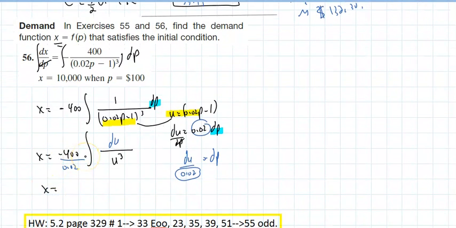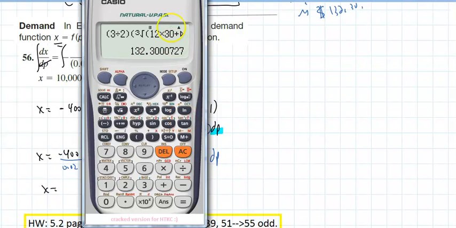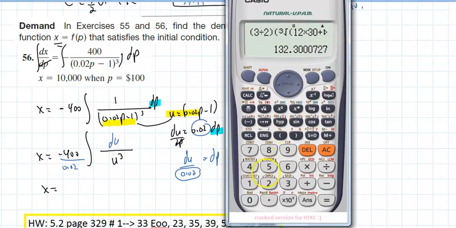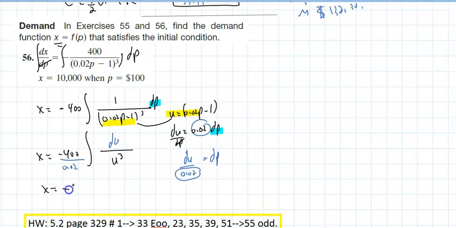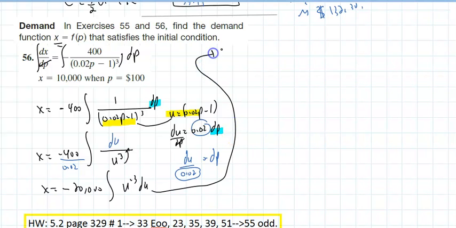So now the problem just became an integral of, and what is negative 400 over 0.02? I get my calculator out, right? What is 400 divided by 0.02? That's really 20,000. Negative 20,000. And if I move this up, isn't that u to the negative 3 du? X equals negative 20,000. And add 1 to the power.